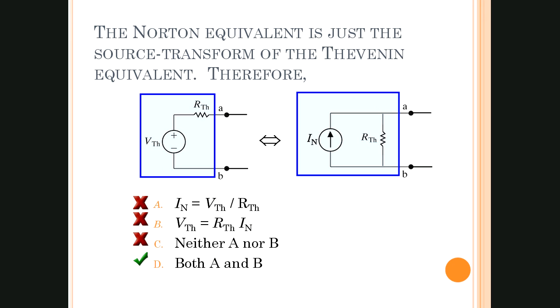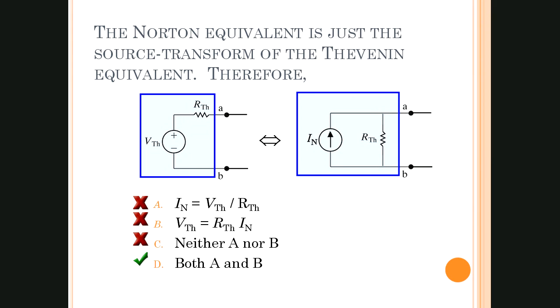Next question. The Norton equivalent is just a source transform of the Thevenin equivalent. Therefore, it says this Thevenin voltage with a Thevenin resistance in series is equivalent to a Norton current with a Thevenin resistance in parallel.